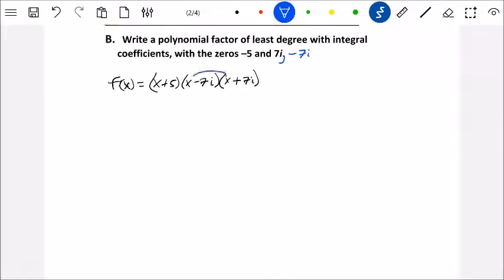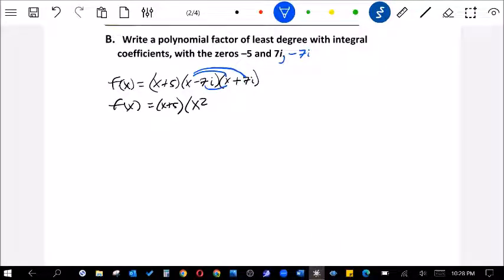But here, x times x is x squared. Well, actually, let's start writing it. So x times x is x squared, but positive 7i and negative 7i are going to cancel out. So I'm not even going to write those.